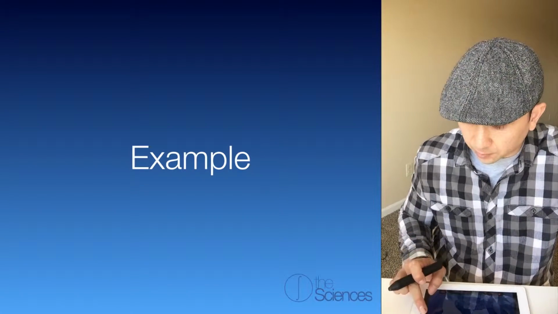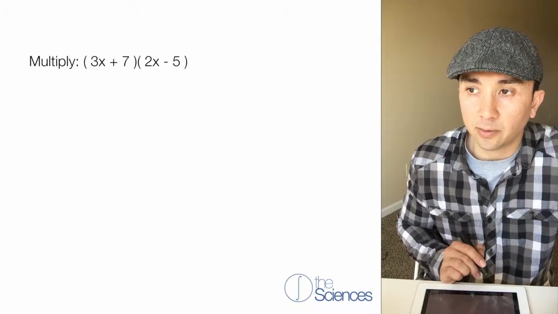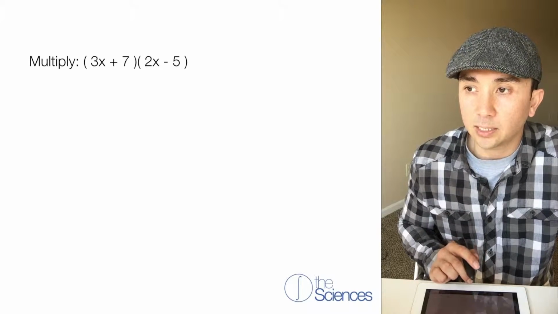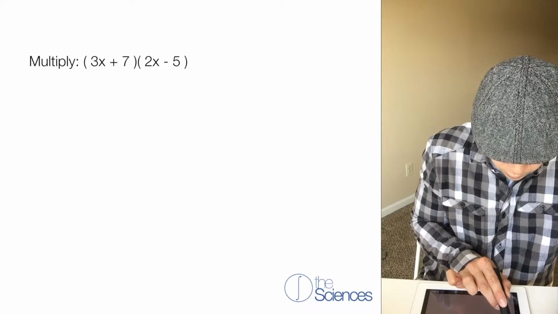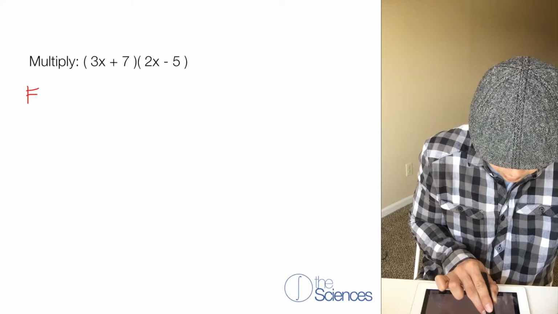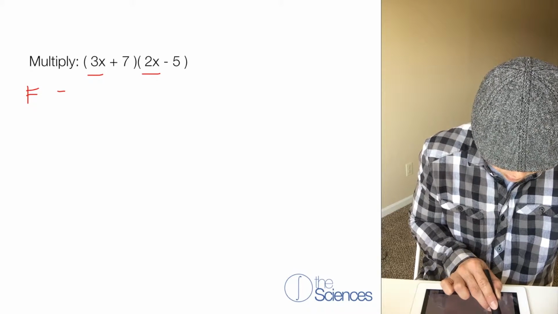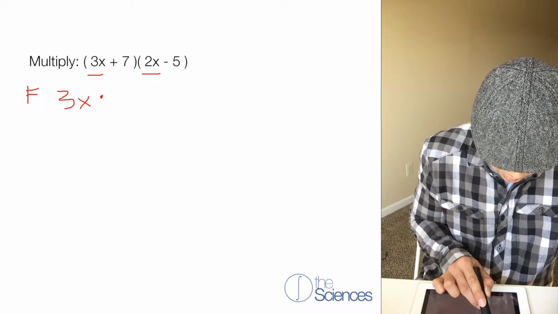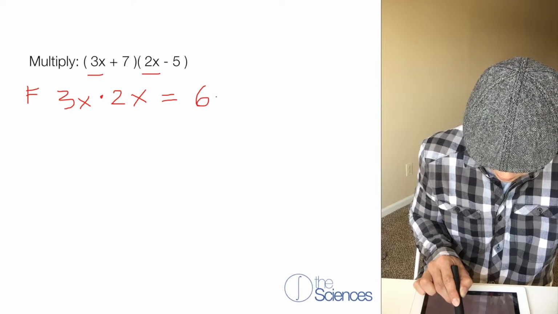So let's do an example. Let's multiply 3x plus 7 times 2x minus 5. So remember, the first thing we're going to do is multiply the first terms. So 3x times 2x, which is 6x squared.